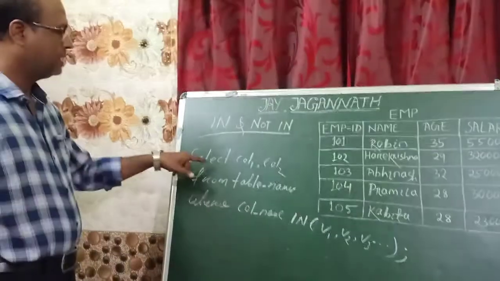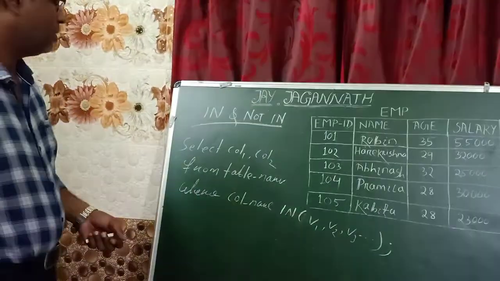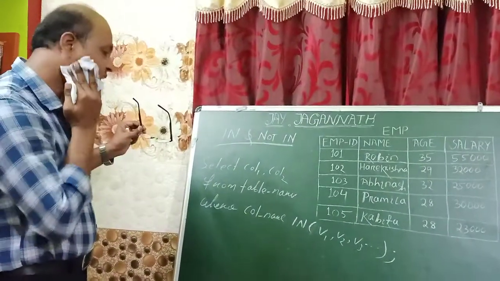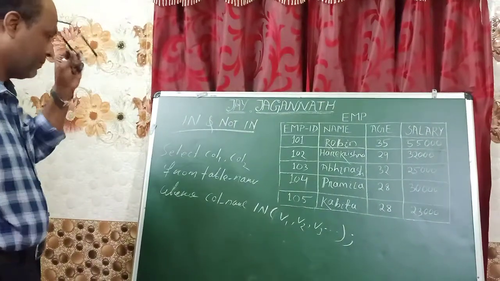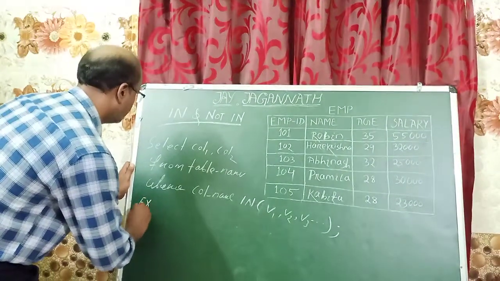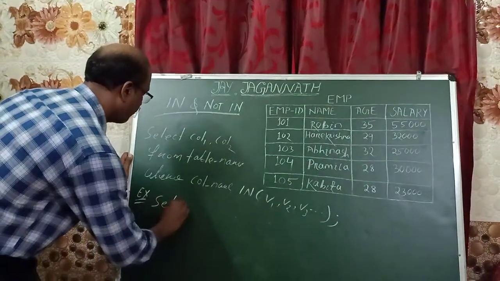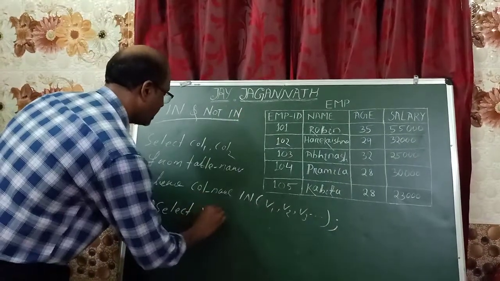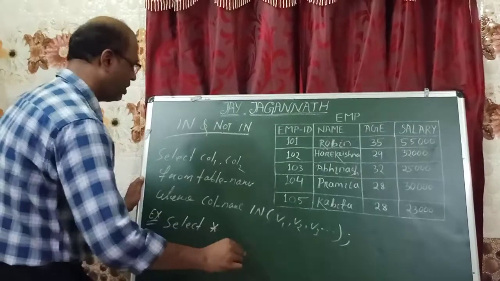Look at the syntax: select column 1, column 2 from table name where column name in V1, V2, V3. Look at this example. Select star. Star stands for all rows and all columns.